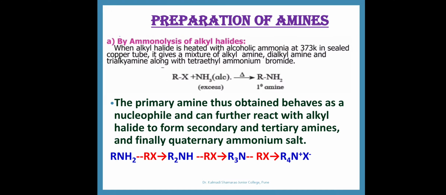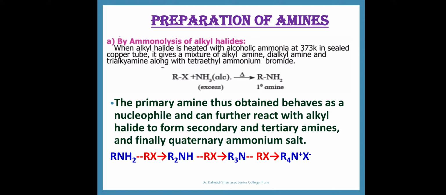The primary amine thus obtained behaves as a nucleophile and further reacts with the alkyl halide to form secondary, tertiary amines and finally quaternary ammonium salt. The reaction proceeds as RNH2 plus RX gives you R2NH, wherein 2 hydrogens are replaced.